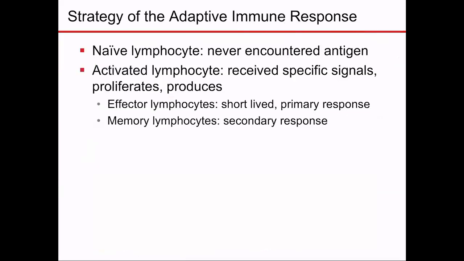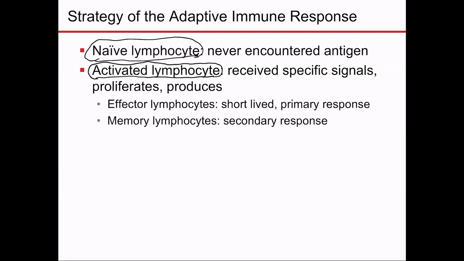So let's take a look now at these. I already mentioned to you what naive means and what activated means. A naive lymphocyte is a lymphocyte that has not found the antigen that they are made for yet. An activated lymphocyte is a lymphocyte that found that antigen.